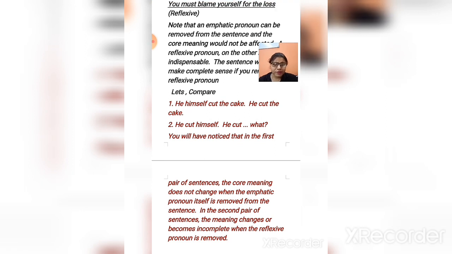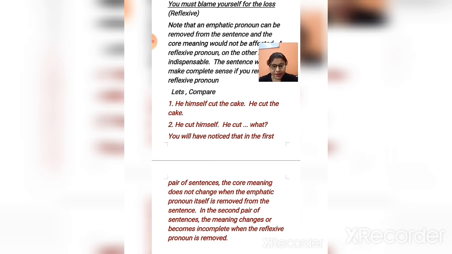You cannot remove a reflexive pronoun in a sentence. If you remove it, it will not make proper sense. And in an emphatic pronoun you can remove the word, and it will not affect anything in the sentence.